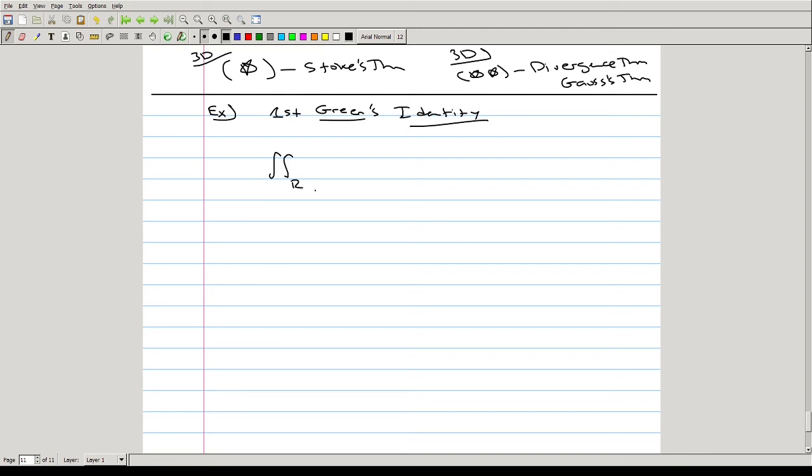This is saying that for a region R, the divergence of a function f times the gradient of some function g, the double integral of this over region R, is going to be exactly equal to the closed contour integral over its boundary of f, which is the function f, times partial g partial n, ds.